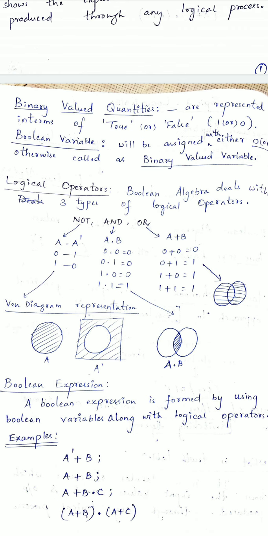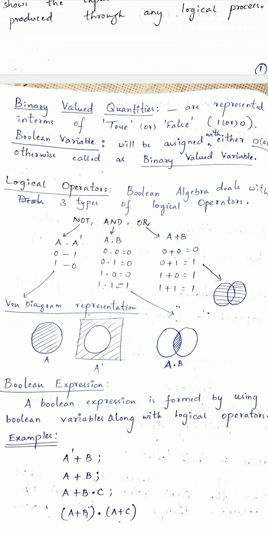This topic is not new to you because in propositional logic we learned these as connectives, with different names: conjunction, disjunction and negation. Anyhow, the operations are the same. In terms of hardware you call them these names, and in terms of software you use those names and norms. But the concepts and the symbols used for representing these operators are the same.